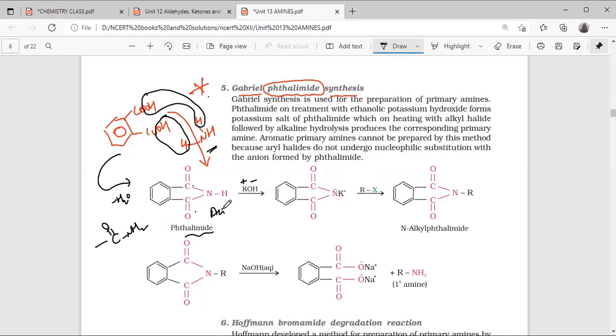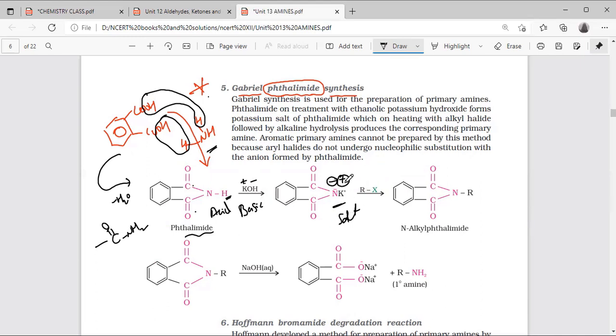It is a little acidic, it is basic. So the K plus and H plus will exchange, forming a salt, positive charge and negative charge combined.